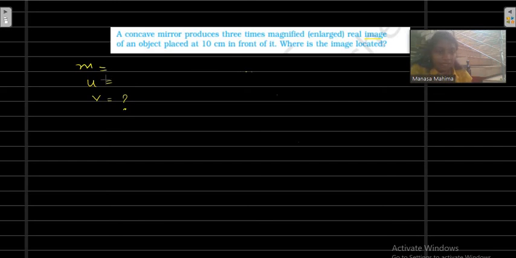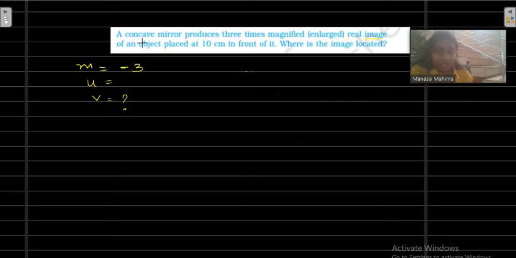See, while I'm explaining about the magnification, I told you that when m is negative, you have to consider that as a real image. So m should be taken negative, okay, minus, and what will be the value here? 3 times magnified. That means the value of m you have to take as 3.